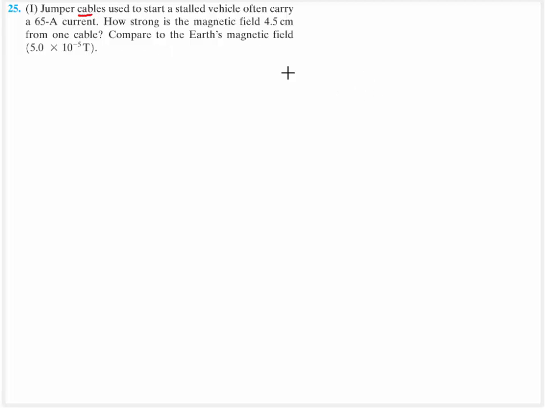So we have some jumper cables and they're carrying some current, so I know that the current is going to be 65 amps. And I'm looking for the magnetic field when we're going to be 0.045 meters away. I know that if I have a long straight wire, I can write the magnetic field to be mu naught multiplied by the current divided by 2 pi and then the radius.